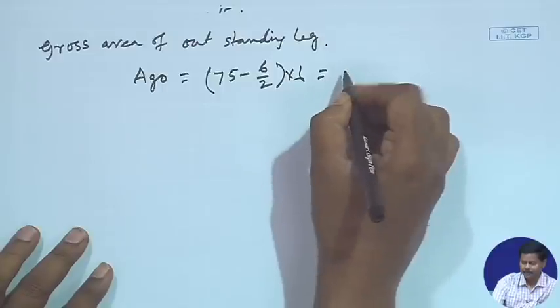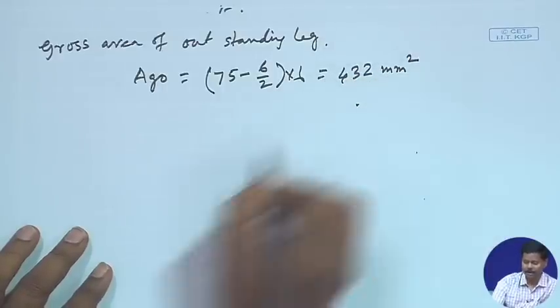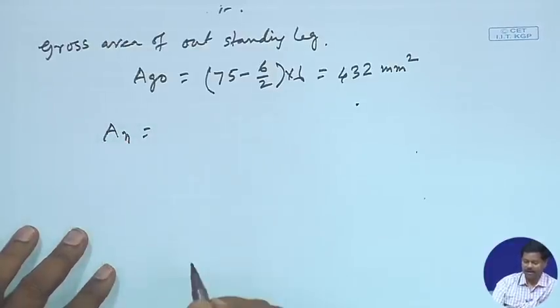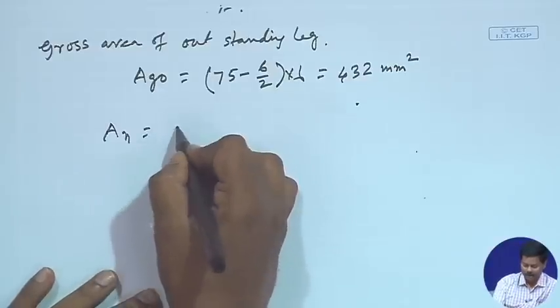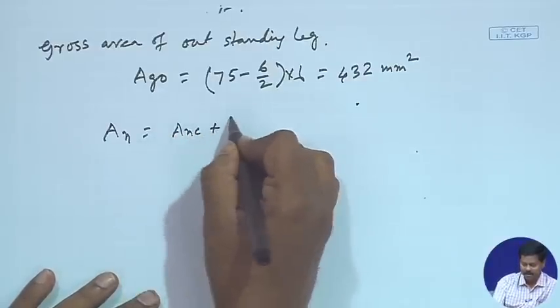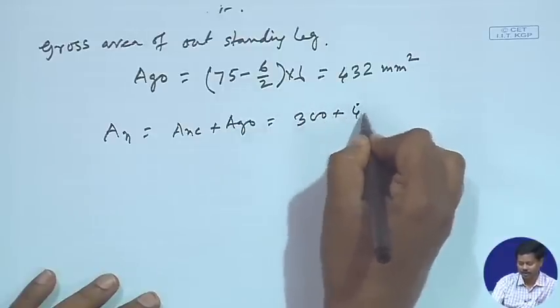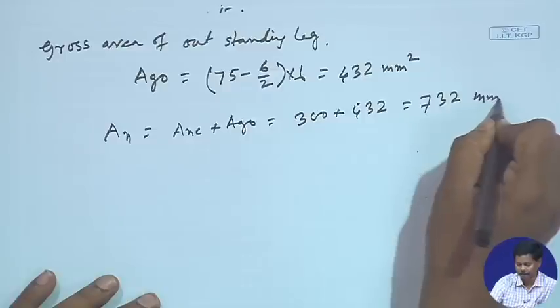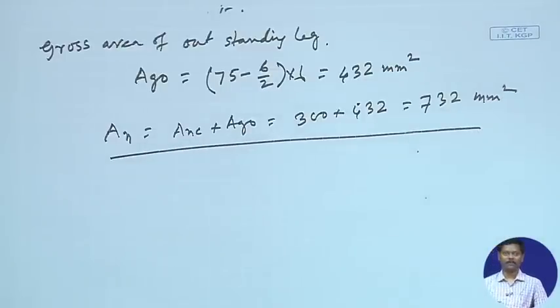So, this will be 432 millimeter square. So, the net area AN of the angle will be ANC plus AGO, which is 300 plus 432, equal to 732 millimeter square. So, this is how I can find out the net area of the angle section.